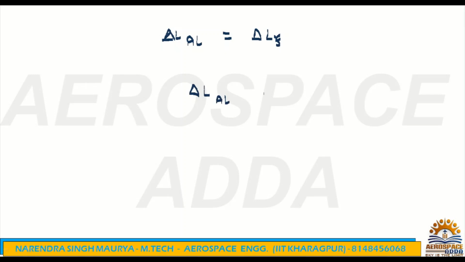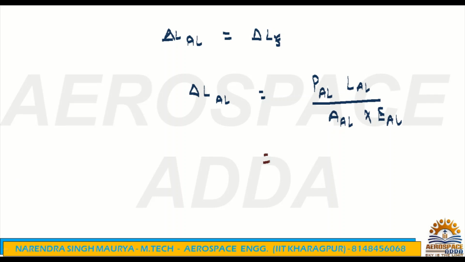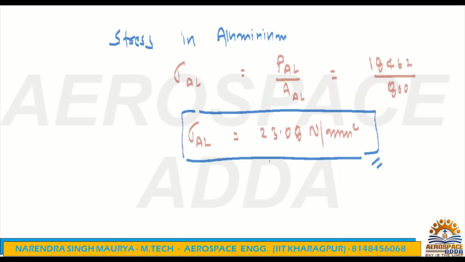I am calculating delta L for aluminum, so it's nothing but load of aluminum times length of aluminum divided by area of aluminum into Young modulus of aluminum. Keep all the data here. So check what is the load shared by the aluminum. Just now you have seen 18462, no?